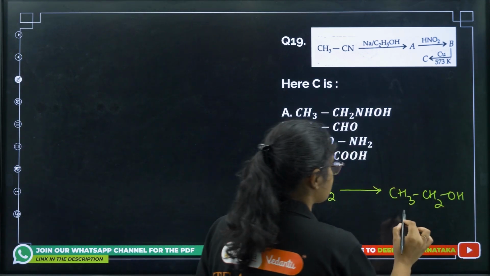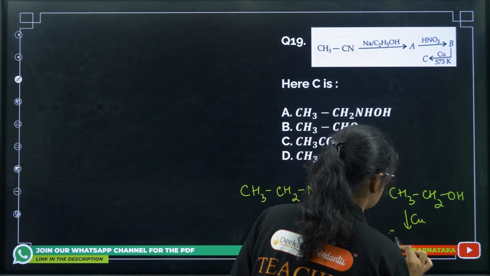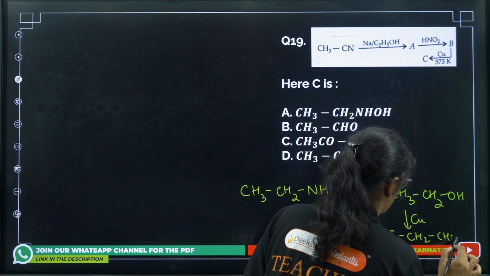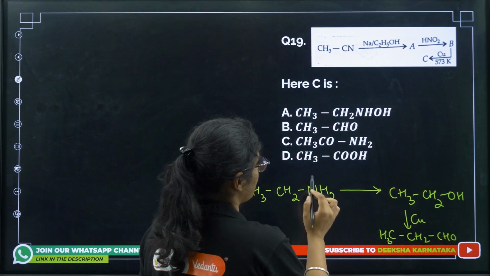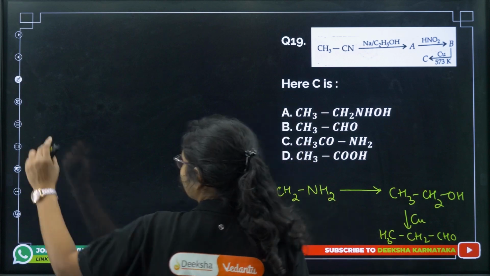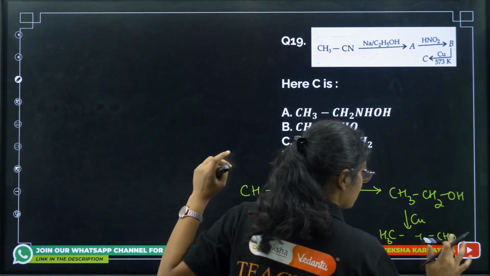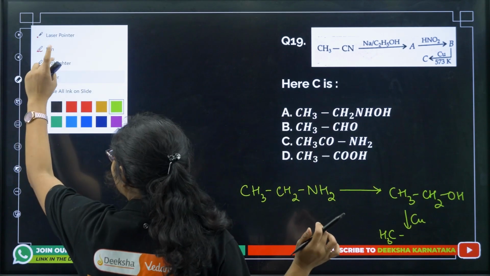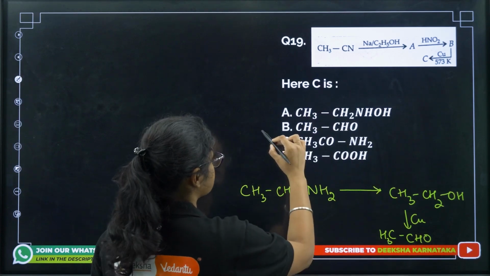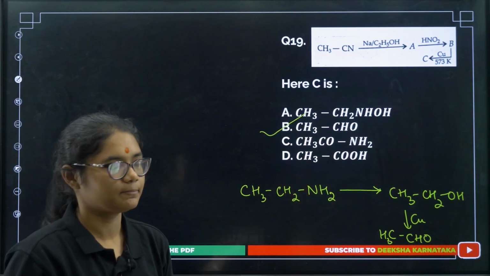After this, if you treat it with copper at 573 Kelvin, this will give you CH3CHO. Sorry, I increased the number of carbons, it is 2 carbons, right? So we'll get CH3CHO. So the correct answer for this question is option number B.